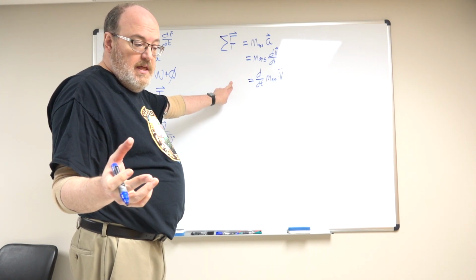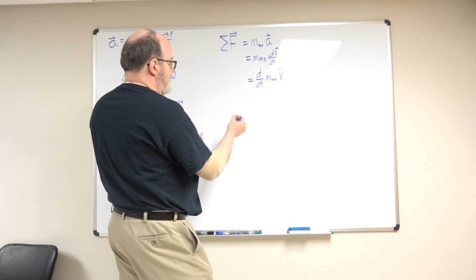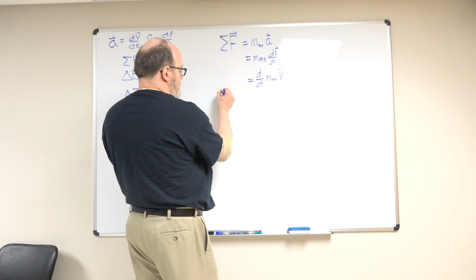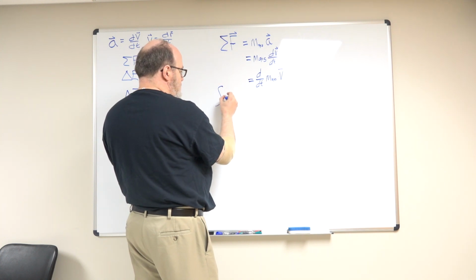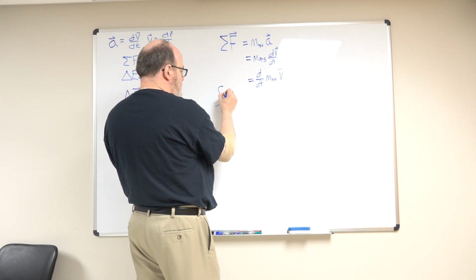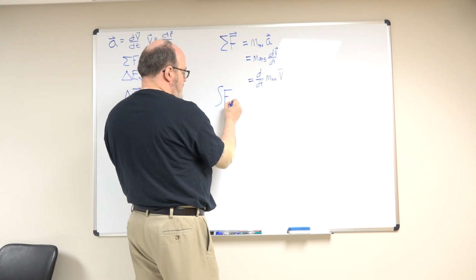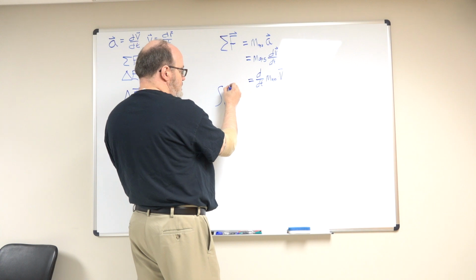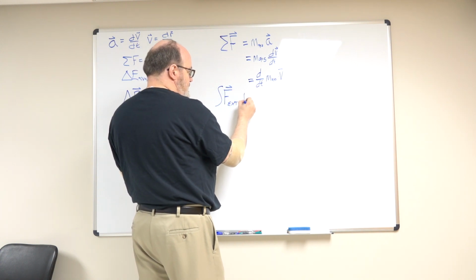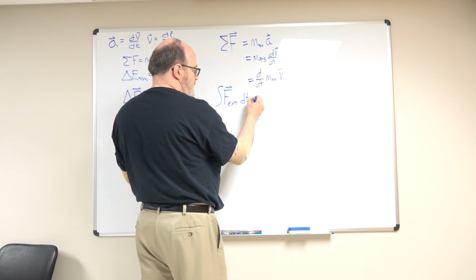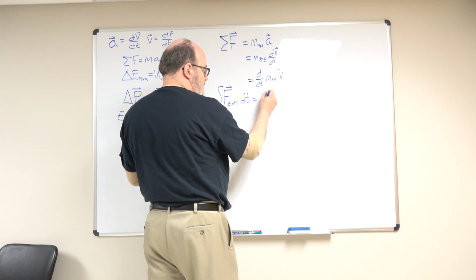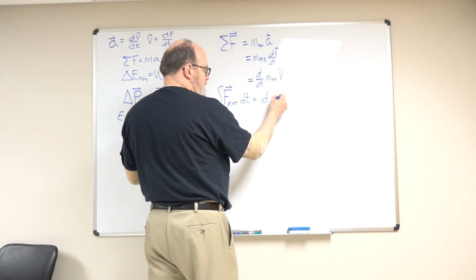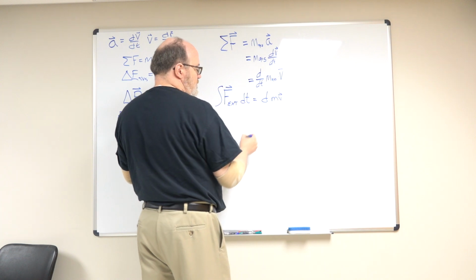So we then do the integration on both sides. So I'm going to get the integration of all the forces that are external to the system multiplied by dt, the time interval, is going to equal our momentum quantity.